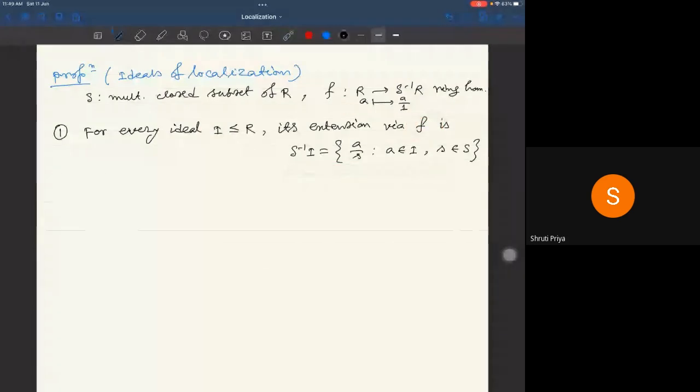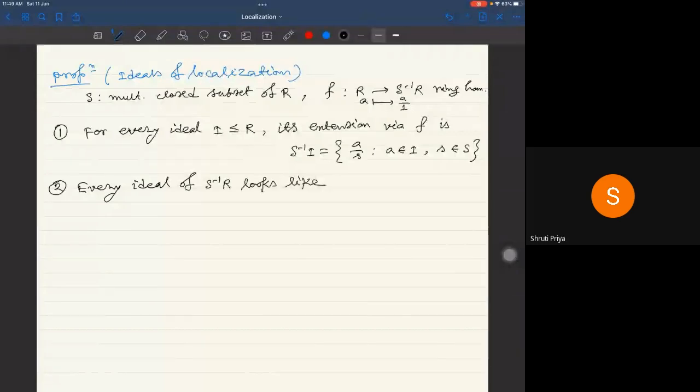Okay. Then the second one says that every ideal of S inverse R looks like S inverse I for some ideal I of R. So this answers the question of how an ideal of S inverse R, this ring of fractions, looks like.